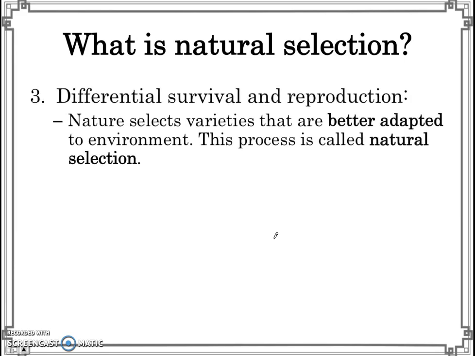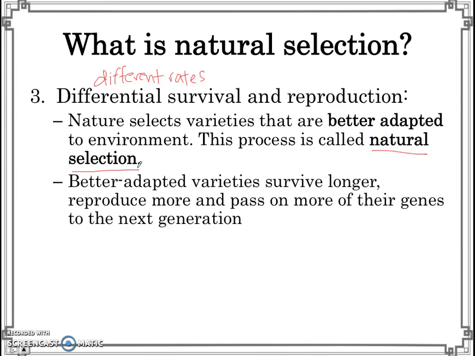And then next we have the idea of differential survival and reproduction, which means basically that different individuals, different varieties, will have different rates of survival and reproduction. Those which are better adapted will have a higher rate of survival and a higher rate of reproduction. And it is nature that selects those which are better adapted. And that's why this process is called natural selection. So the better adapted varieties will survive longer.